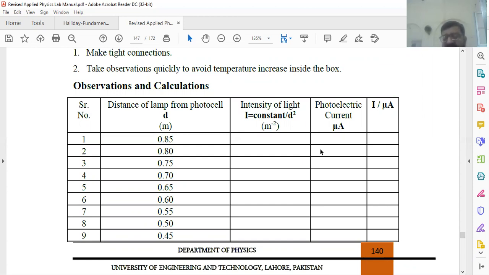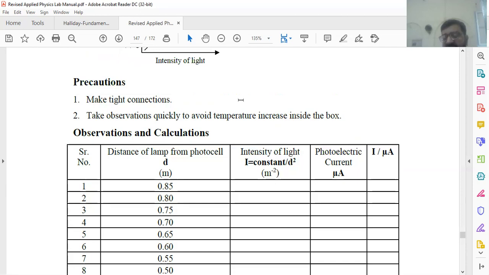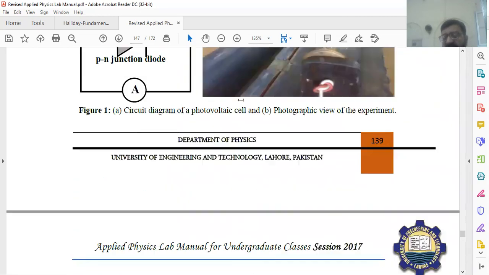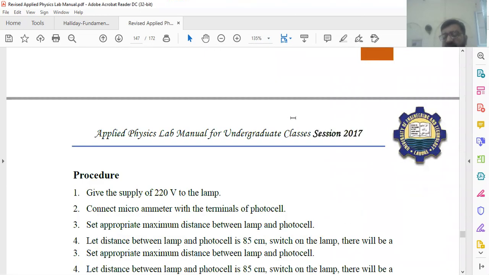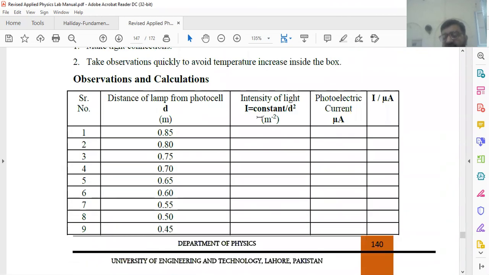All other factors are constant in this case, meaning the power of the source, and there is no other source between the light bulb and the detector, only air is involved here. So keeping everything else constant, we will take only the distance dependence in this equation. Intensity is equal to the reciprocal of the square of the distance. A constant value will be put here in this experiment as 1 unit.